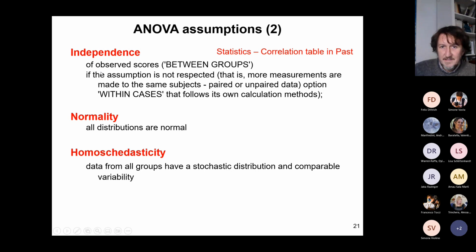There is the independence of the samplings, the normality, that all distributions are normal, and the homoscedasticity. Data from all groups have a stochastic distribution and comparable variability. So very similar to the previous one.